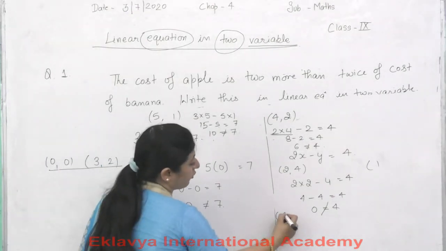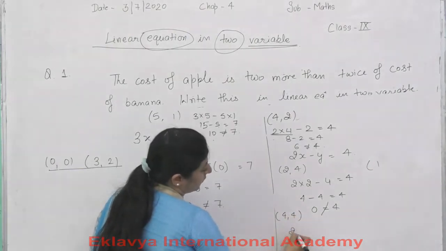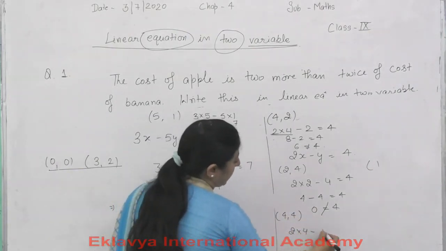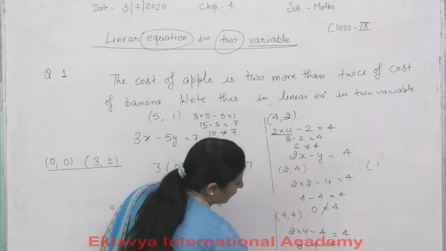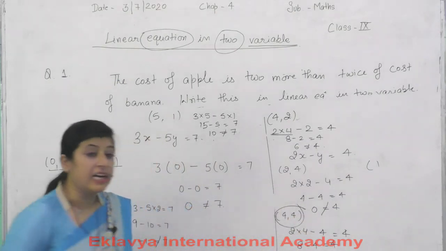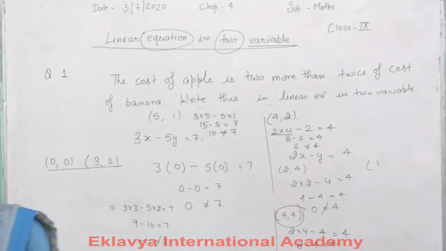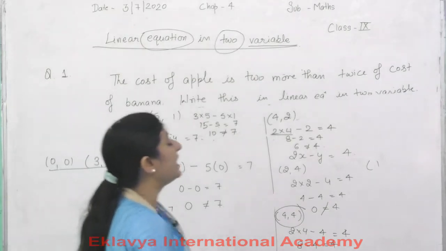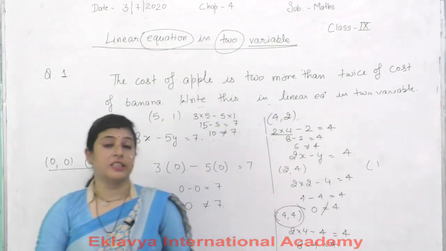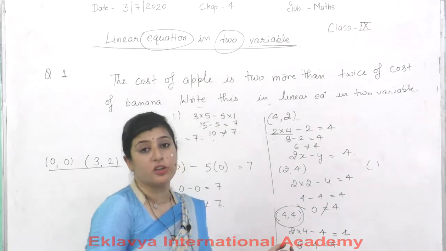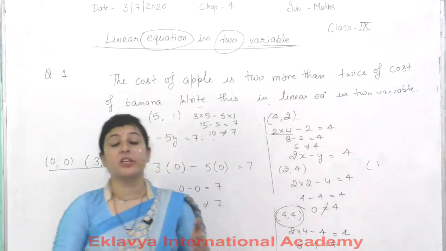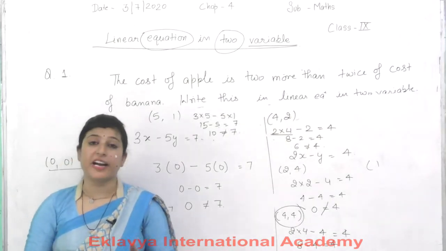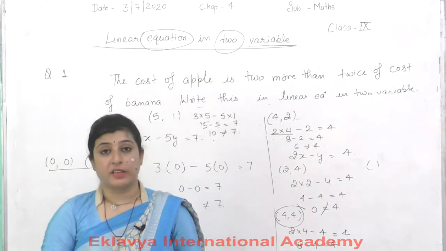Or if I take (4, 4), 2 multiplied by 4 minus 4 is equal to 4. 8 minus 4 is equal to 4. 4 is equal to 4. Finally, we got that (4, 4) is a solution of the given equation. It is one of the solutions, not the only solution of this equation, because a linear equation in two variables has infinitely many solutions.